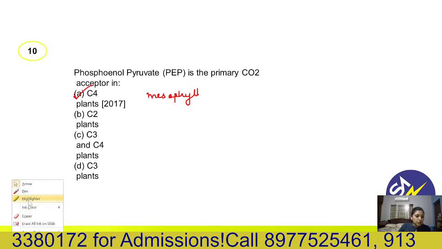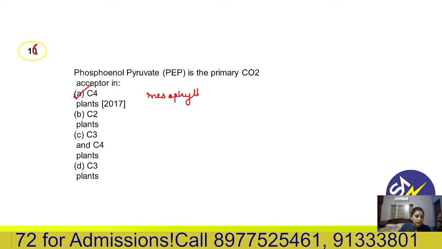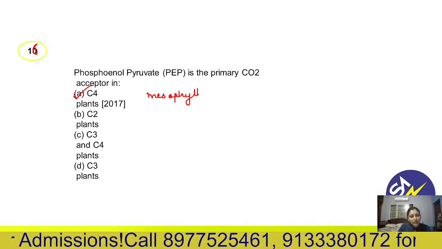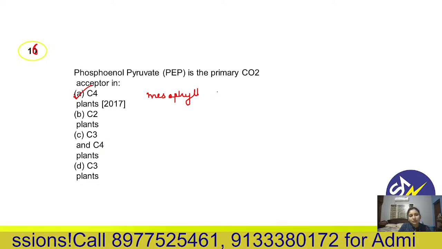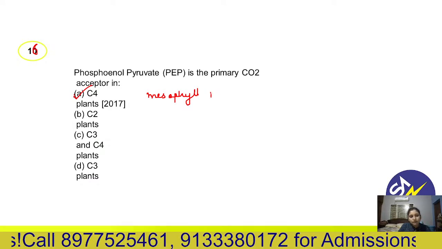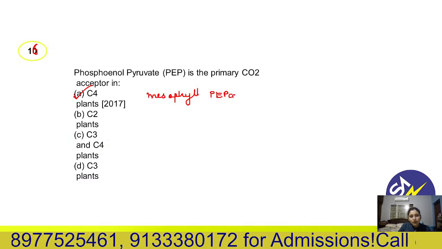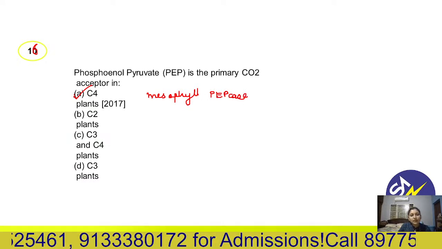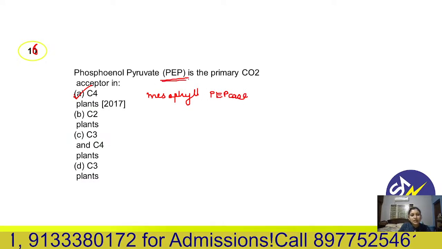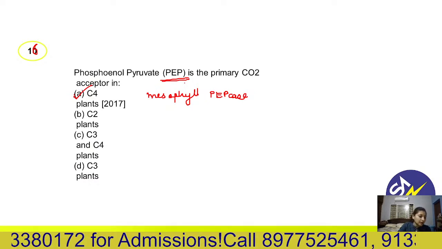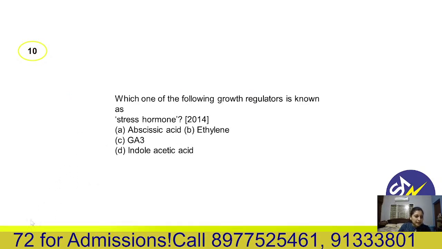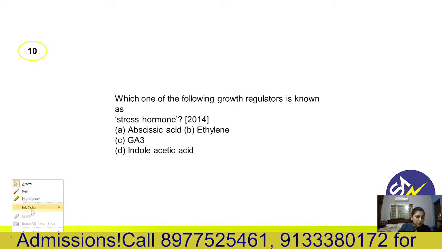Then the 16th one. The mesophyll cells will be rich in PEP carboxylase, and because of that, they accept CO2. PEP is the primary carbon dioxide acceptor. Then next is the 17th one.